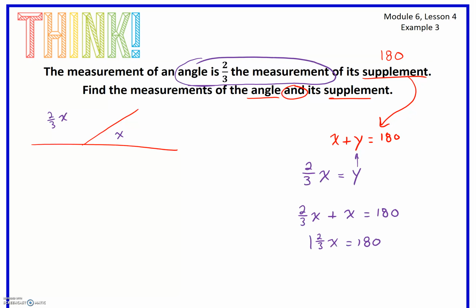Divide both sides by 1 and 2/3, or 5/3. Get x equals 108 degrees. Now that's the value of x. We need to determine the value of 2/3 x.